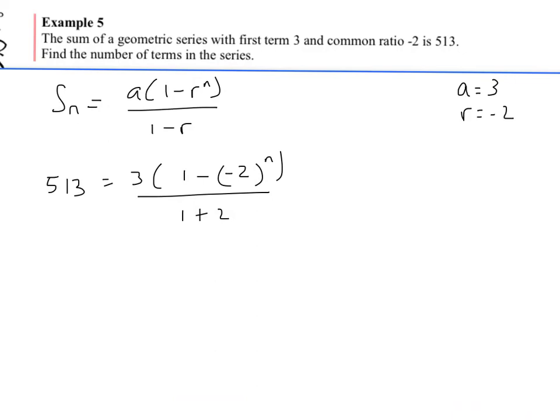And if we rearrange this, we'll have 513 equals 1 - (-2)^n. And if we rearrange this, we've got (-2)^n equals -512.